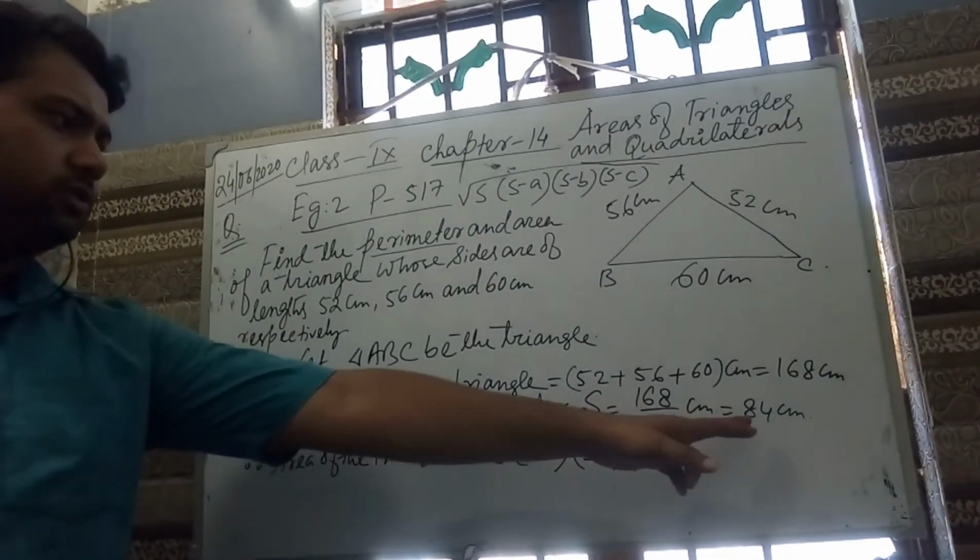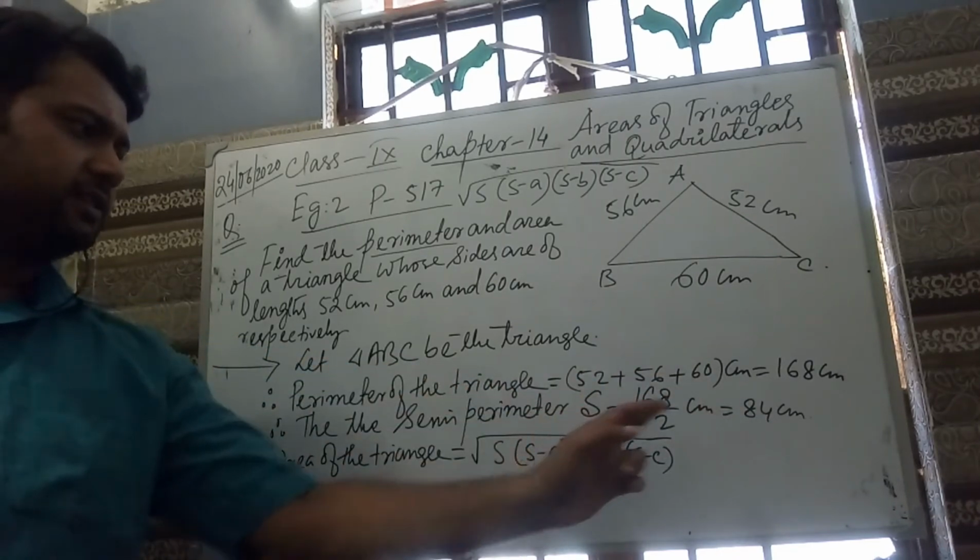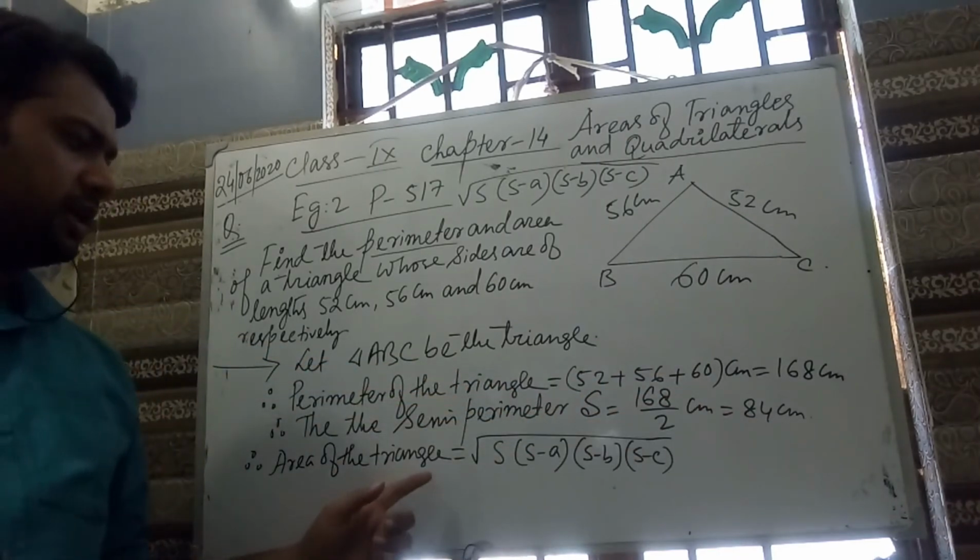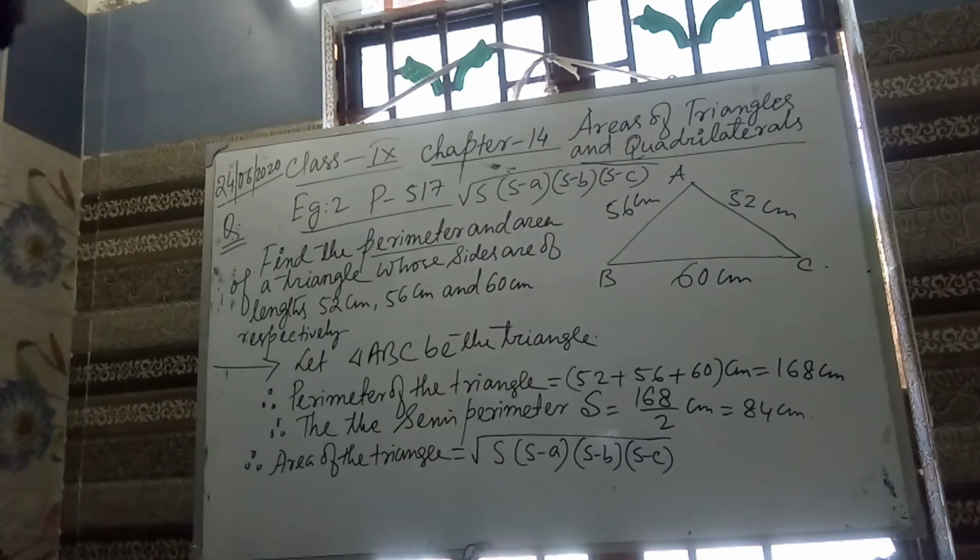So semi-perimeter is 84, that is S is 84. Area of the triangle formula is this one.